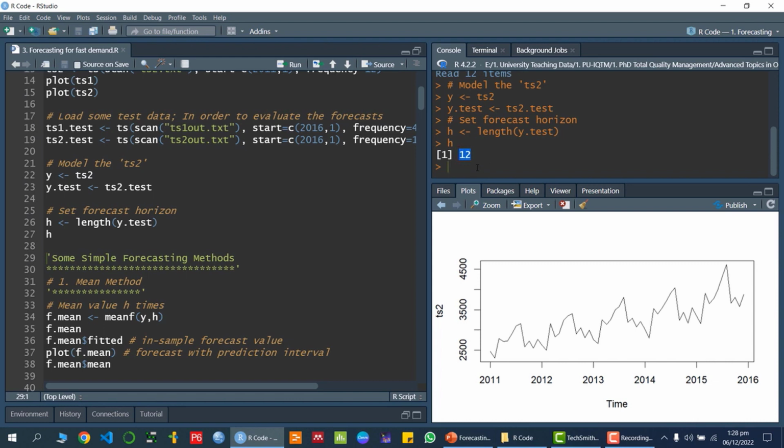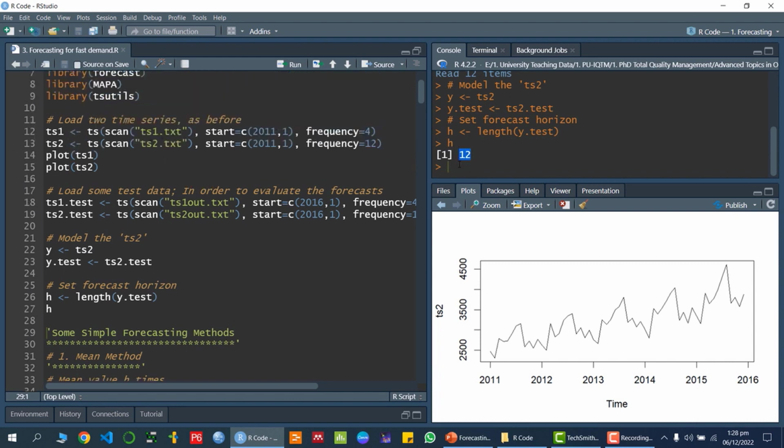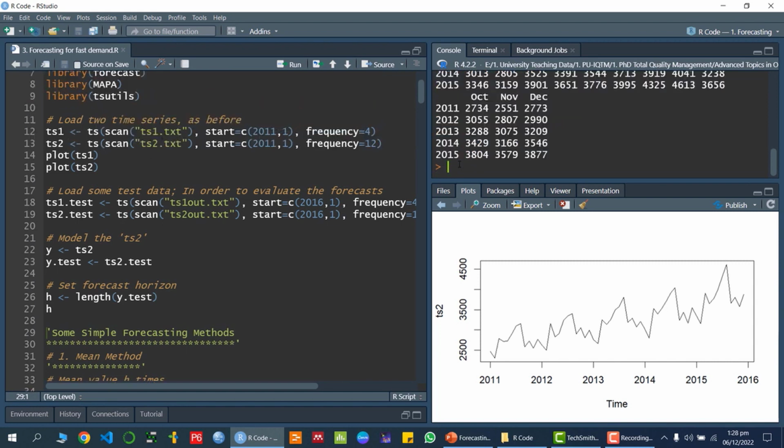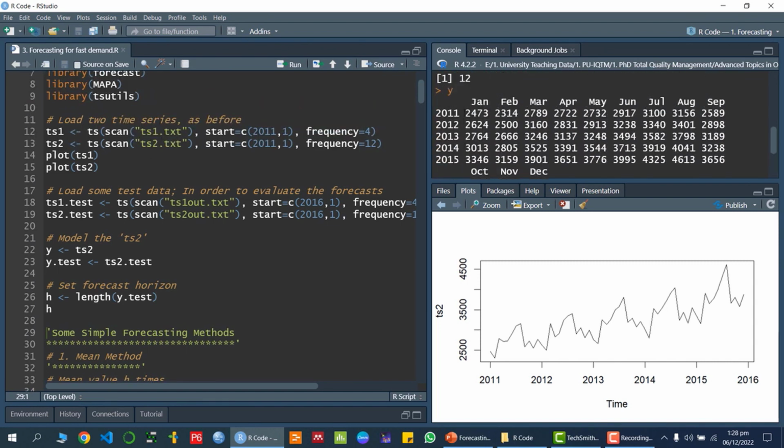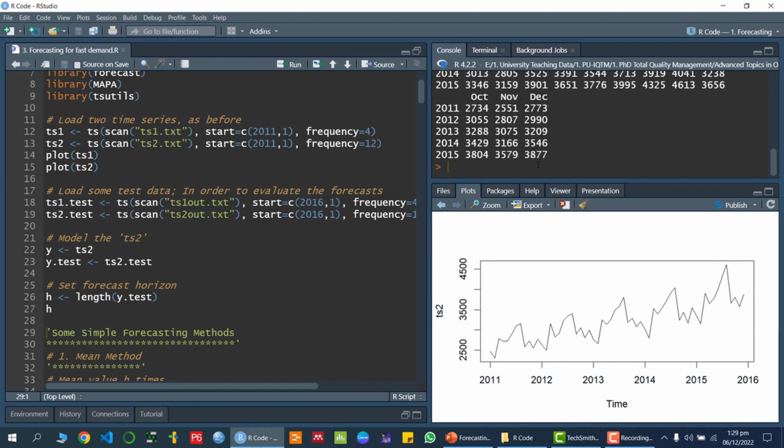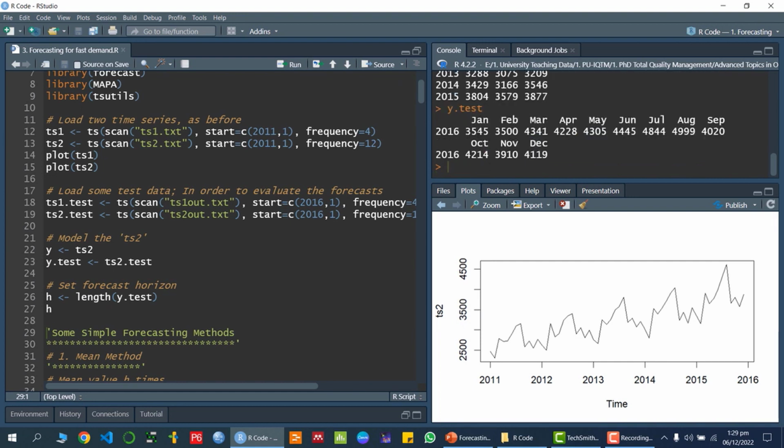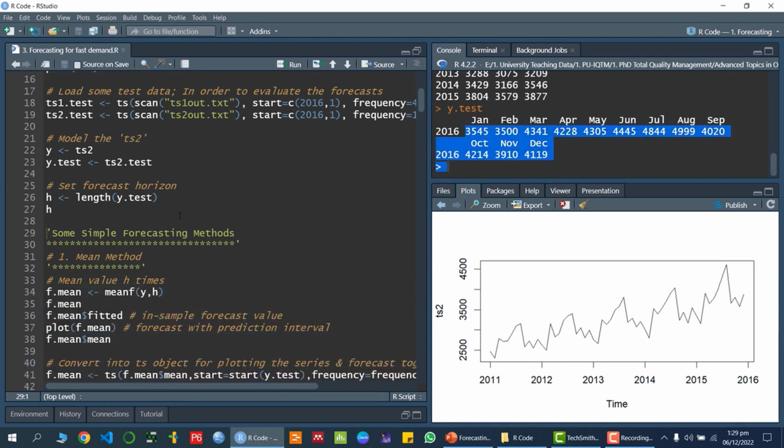Whereas if you want to see the original data set, which is y, that is starting from January 2011 to December 2015, whereas y.test contains the test data values.